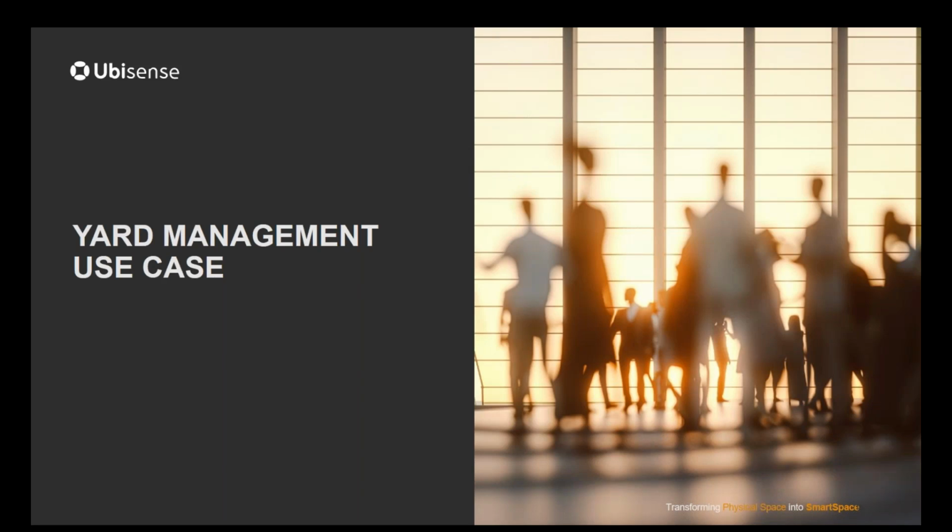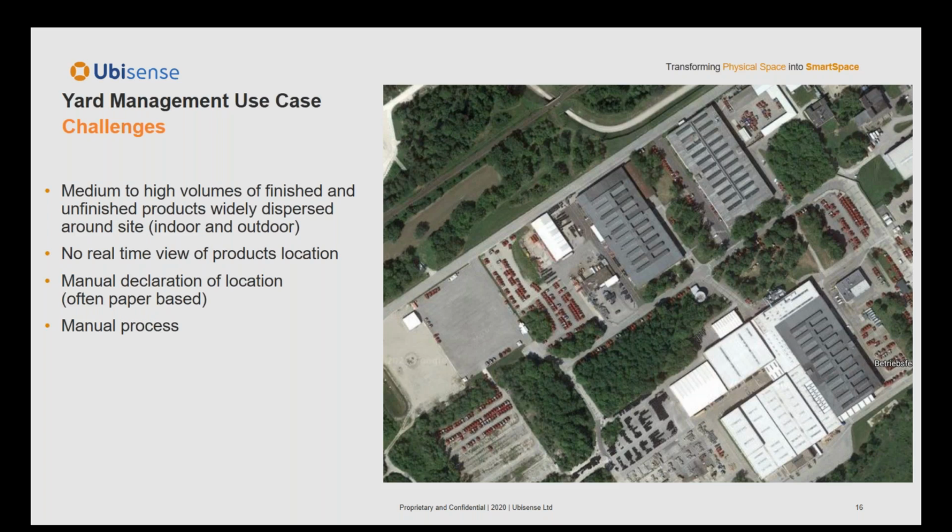All right, so let's have a look at what we call the yard management use case. What are the challenges of yard management? Usually manufacturers have medium to high volumes of finished and unfinished products that are widely dispersed around sites.